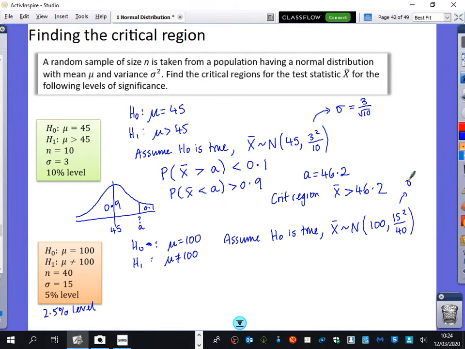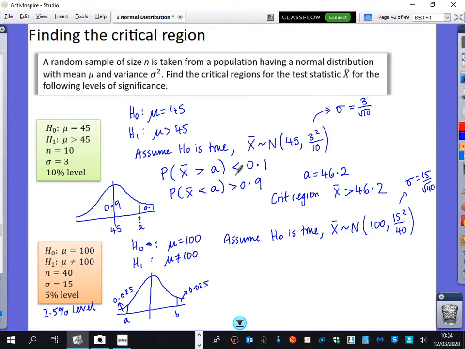In other words, sigma is 15 over root 40. And we're interested in the critical regions. The critical regions are these ones, where I want this probability to be 2.5%, 0.025, and I'm also interested in this other value at the other end, where the probability is also 0.025.